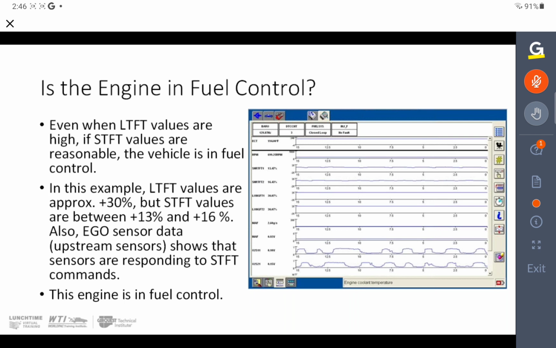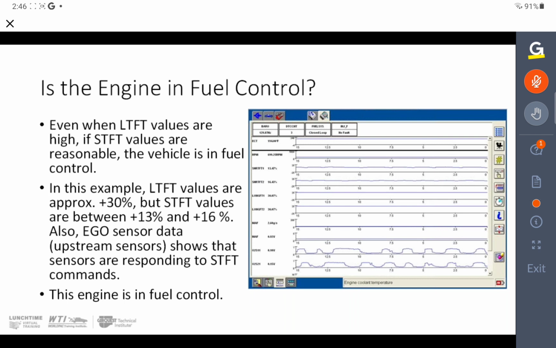So the question is, is the engine in fuel control? And I said before, what's going to cause a vehicle to set a code for fuel trim is going to be different from one manufacturer to another, but here are some general things you can look at. In this case, long-term fuel trims are high. If short-term fuel trim values are reasonable, the vehicle is in fuel control.